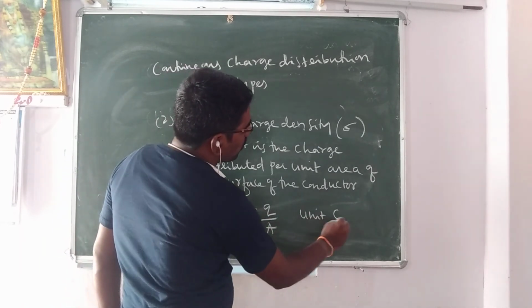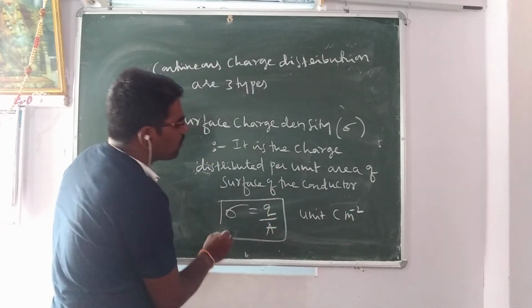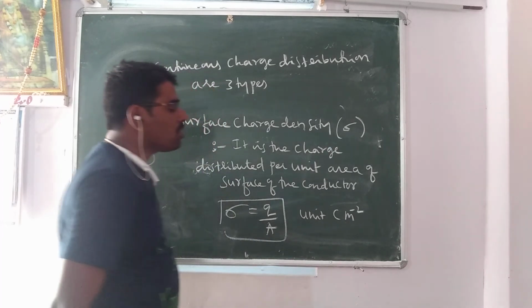Unit is coulomb per meter square. The unit of charge is coulomb and the unit of area is square meter.